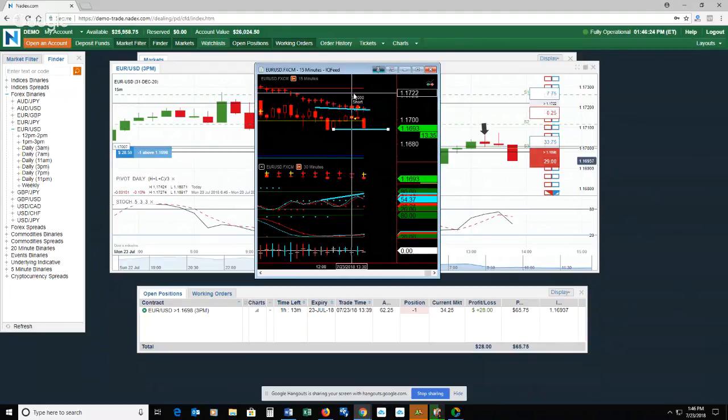The short that is indicated here is from the binary signal strategy. And these are typically when they have the hidden divergence, especially when you see sellers stepping into that move. It's a really nice move that is created with that.